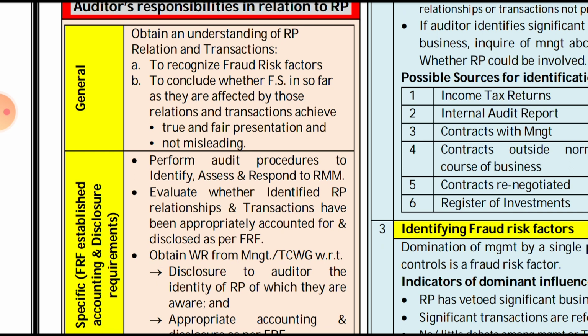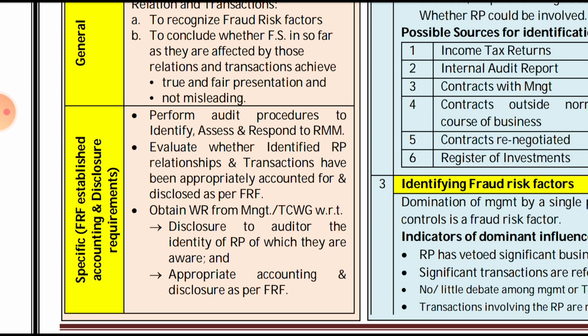It is the auditor's responsibility to recognize fraud risk factors and to conclude whether the financial statements, insofar as they are affected by those relationships and transactions, achieve a true and fair presentation, that is, they are presented in a true and fair manner, and second, are not misleading.